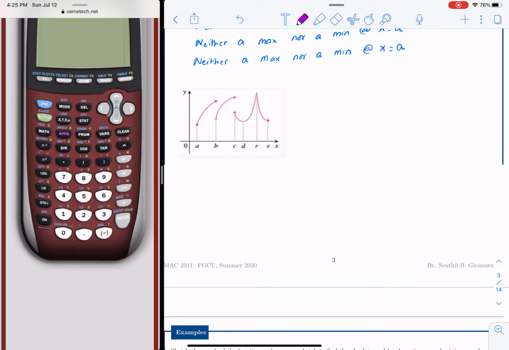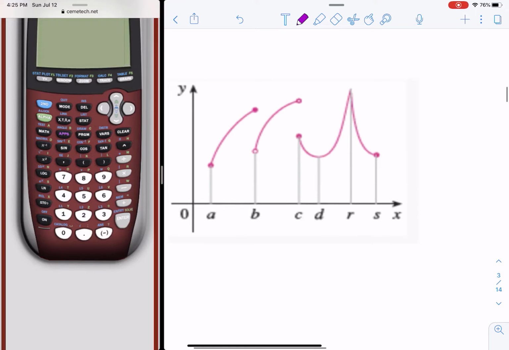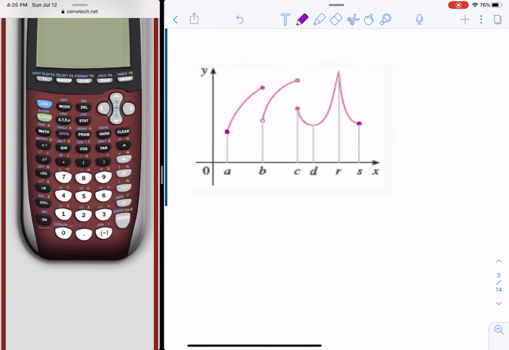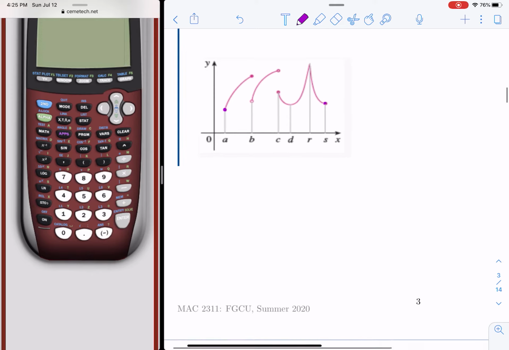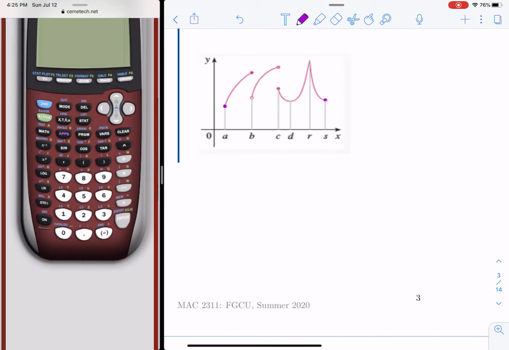Moving on to the next function, we want to find the smallest value that we can think of. Looks like that point at x is equal to a is smaller than that point at x is equal to s. So we have an absolute minimum at x is equal to a.